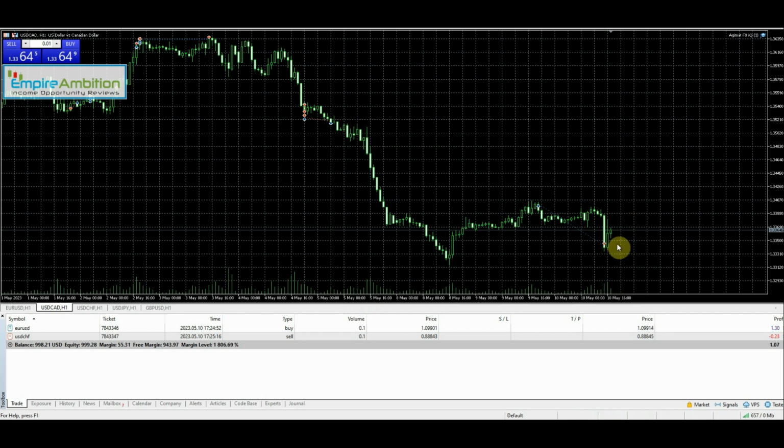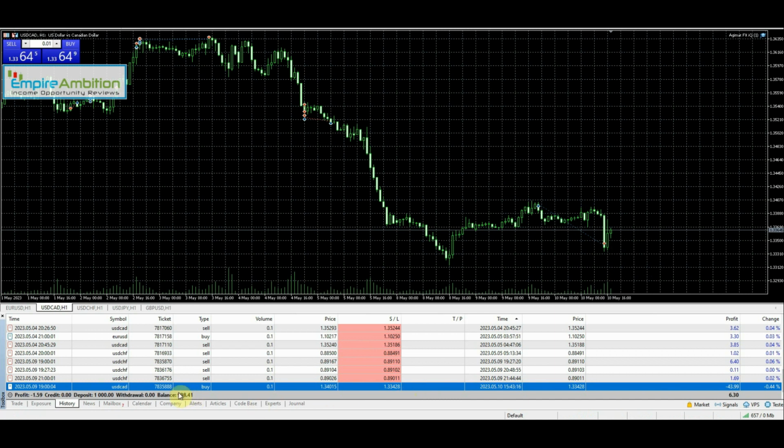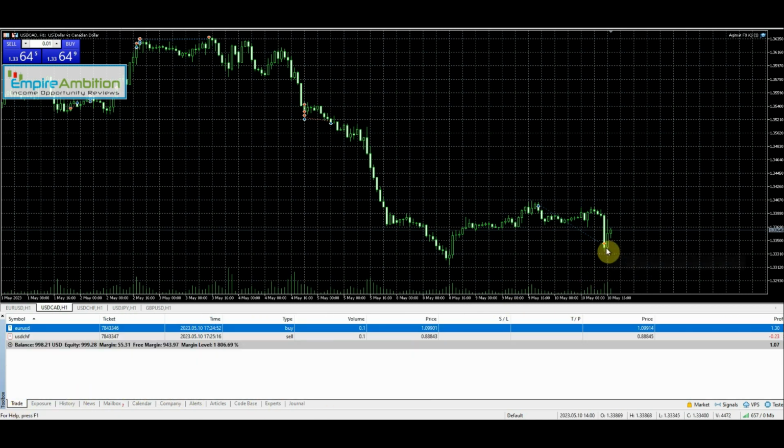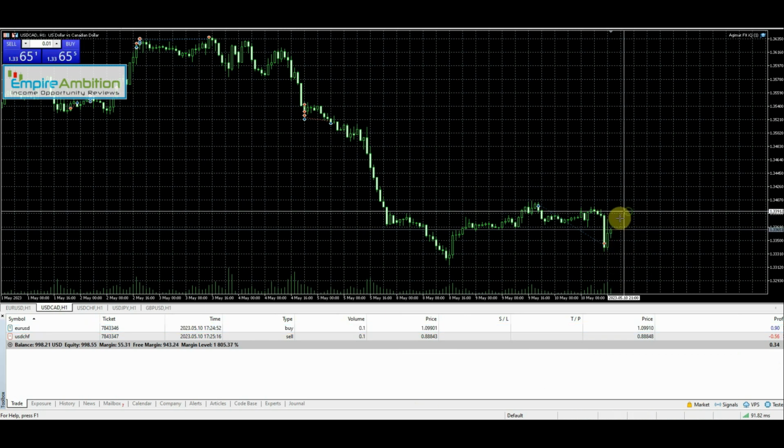So that's something you might want to consider as far as not using a stop loss, which is what the vendor recommends. We did take a stop out. I think it was USD CAD. Let's come into history. Yep, USD CAD, and it looks like it is retracing. But honestly, guys, it could just as easily continue going down, or it might continue pushing up here.